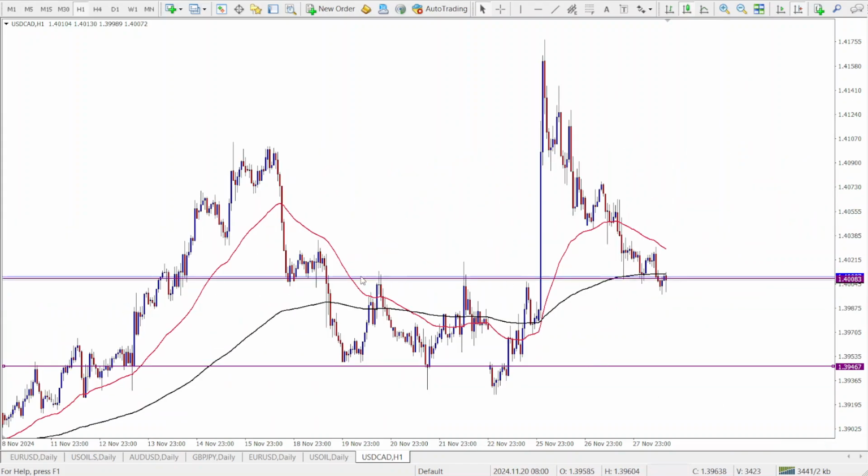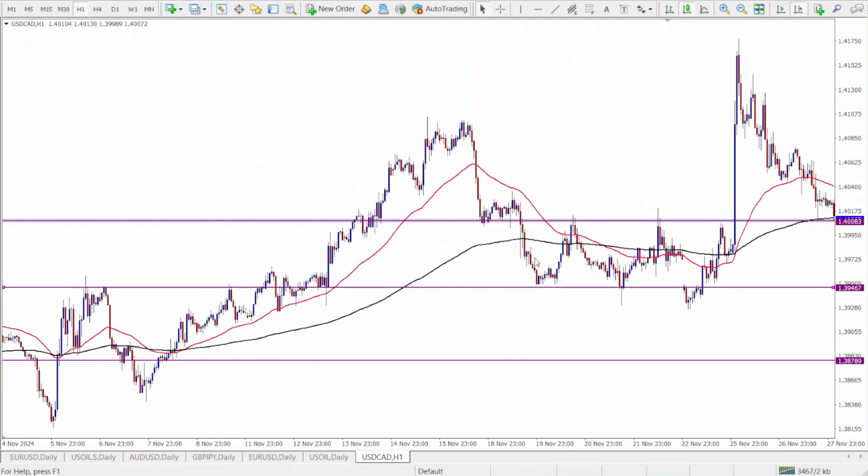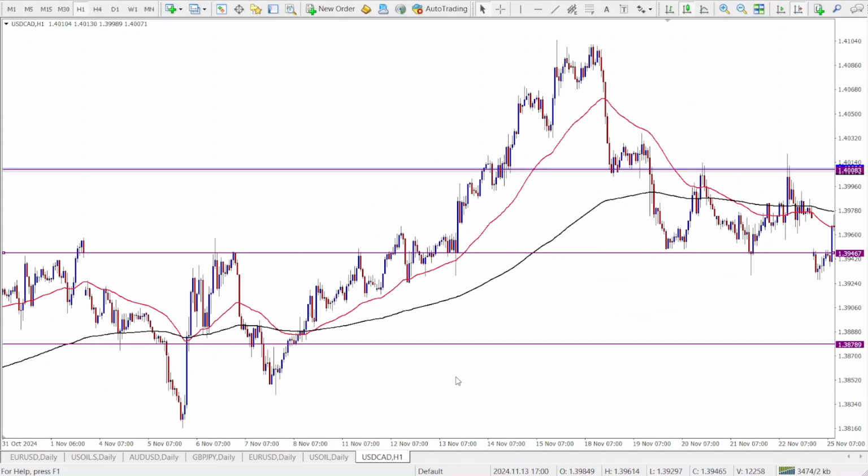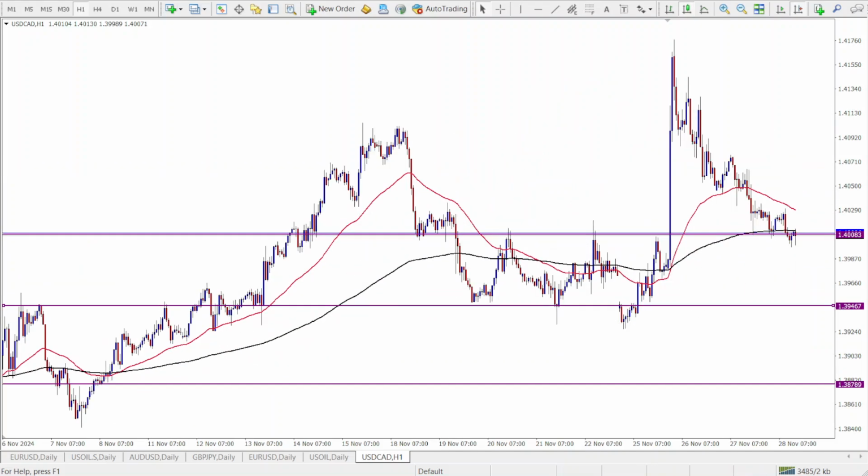As we can see, there was a rejection around here, a rejection around here, and here. So when you have a minimum of 2 rejections in the past, you already have a support or a resistance level. You can see here and here and here, and in this case, rejections here and here and here.